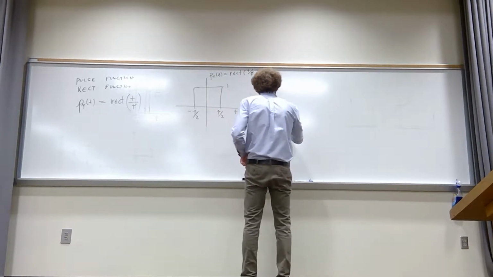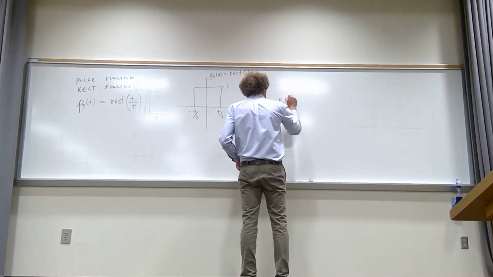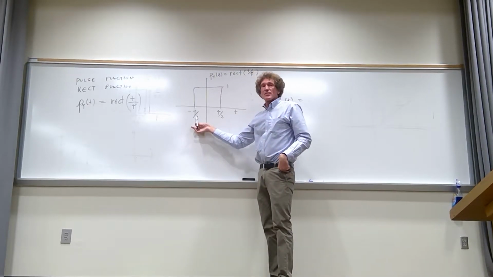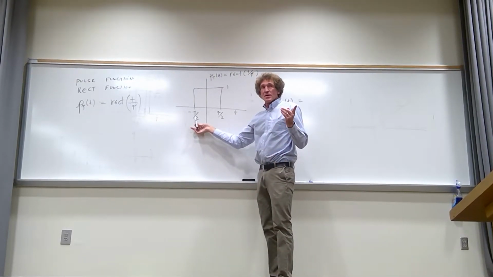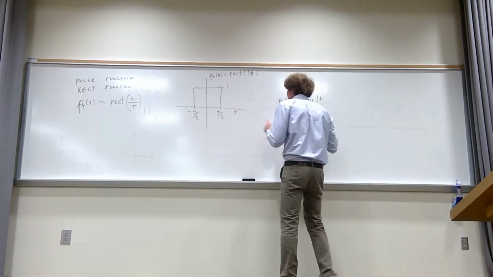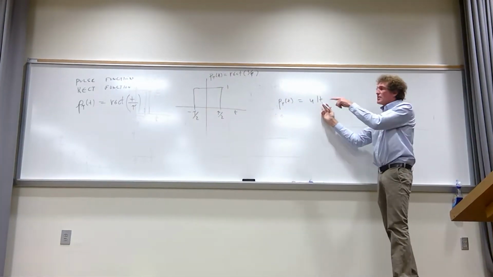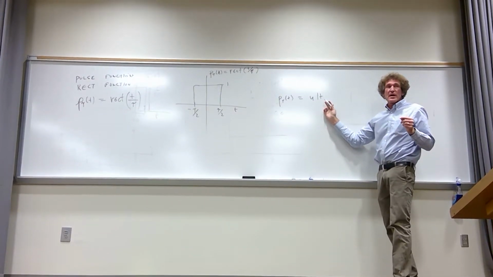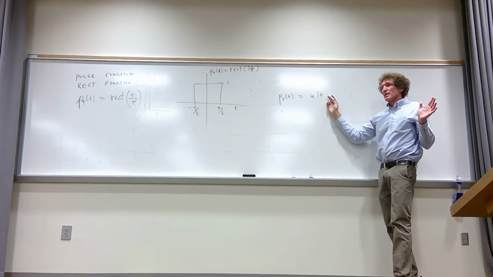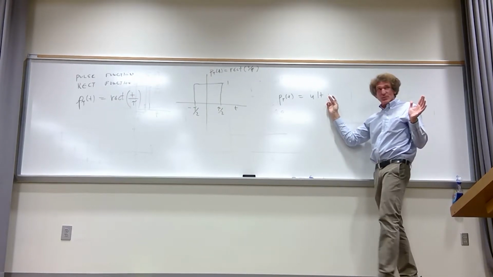Then I could say, well, the pulse function, p tau of t, or the rect, turns on at minus tau over 2, correct? So we could use a u of t, right? But we don't want it to turn on at 0, we want it to turn on at minus tau over 2, correct? So what do we add to it, or subtract from it? Tau over 2, right?